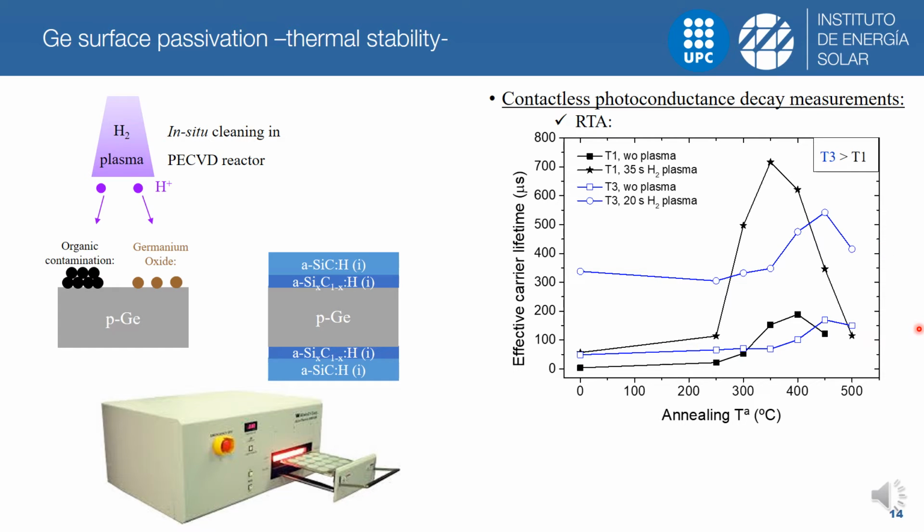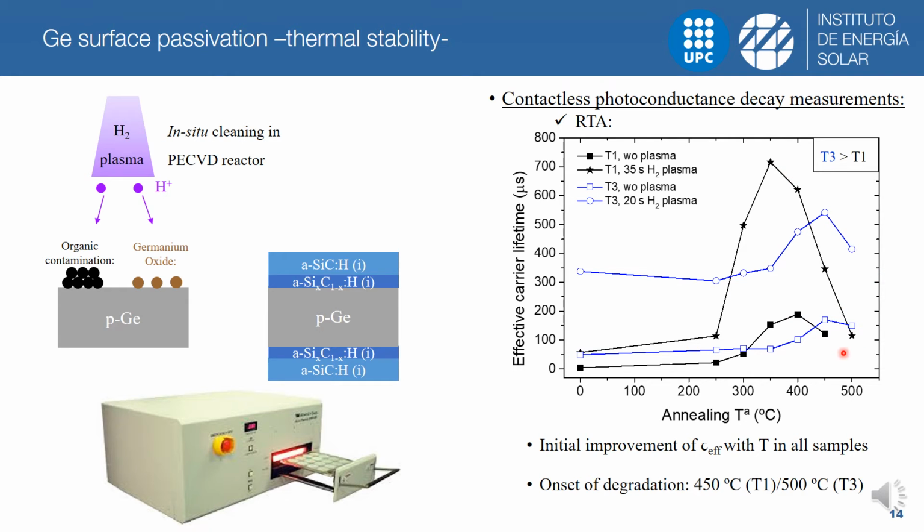As you can see, regardless of the deposition temperature, all of the samples show an initial improvement in the effective carrier lifetime with temperature. However, after a certain temperature, both deposition conditions suffer a deterioration of the effective lifetime.